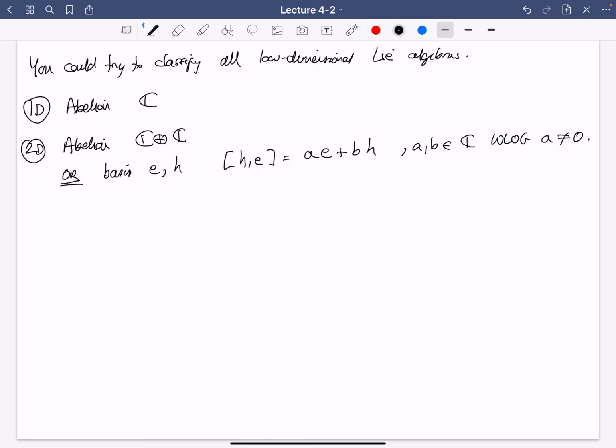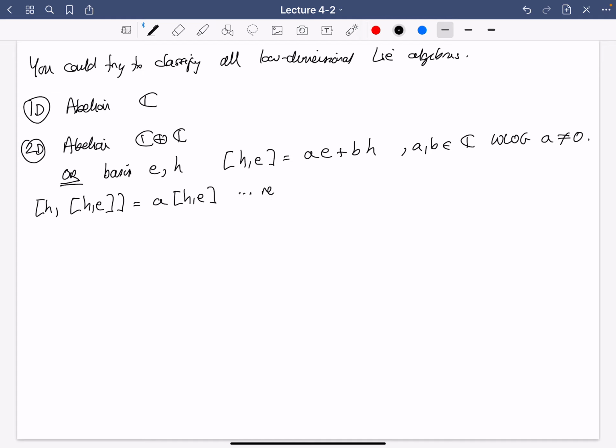Okay, and so now let's see. Let's take this vector HE, which we've just calculated as AE plus BH, and let's take the bracket with H again. So that's bracketing this with H, so I get A times HE, and then B times the bracket of H with H, which is just 0.